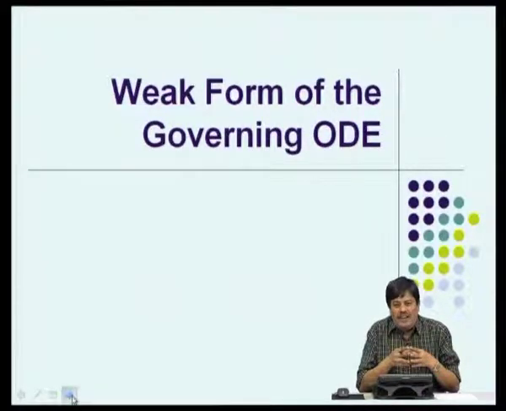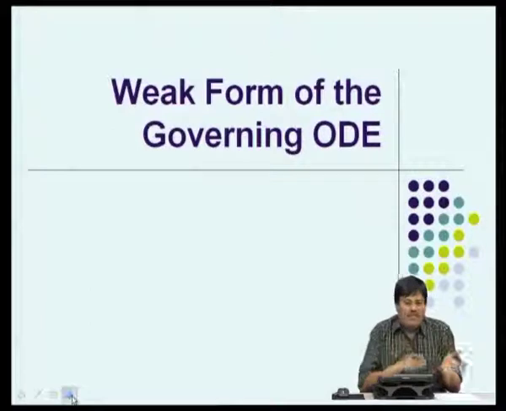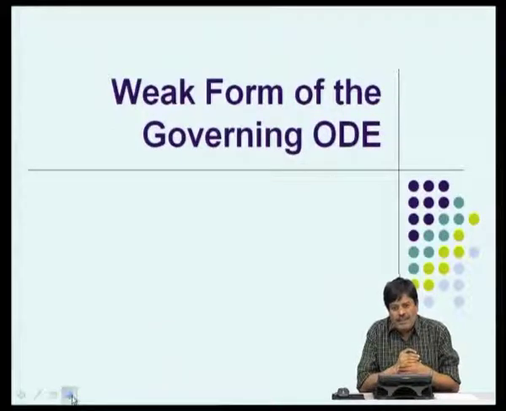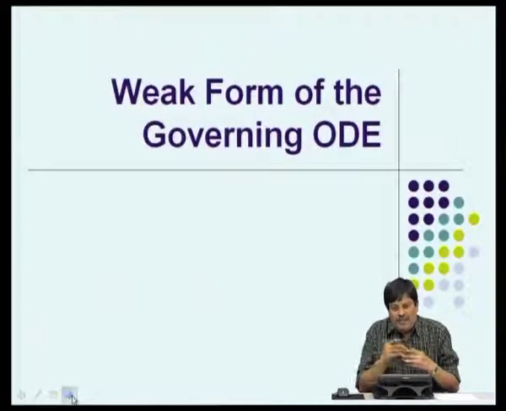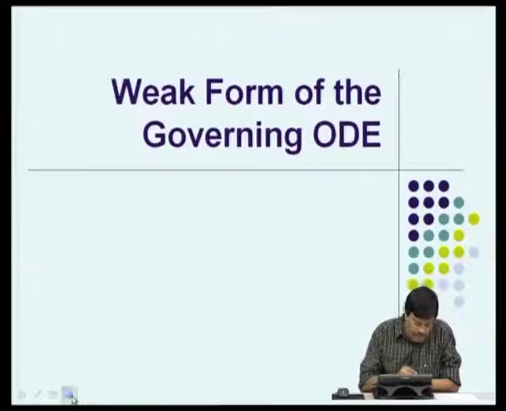So, we said that we take the governing equation and weight it with a function and integrate it. And when doing so, we have to use integration by parts. In doing so, we will be getting a set of equations which is called a weak form, and which is the starting point for our FEM formulation.